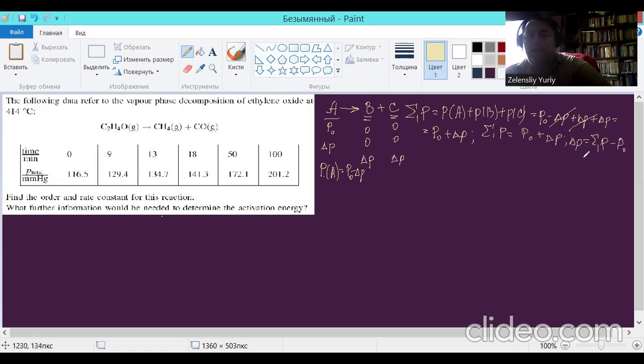Okay, and let's plug this expression here instead of delta P. In other words, we can write that the partial pressure of A at moment t is equal to P0 minus, instead of delta P, we write this expression. If we open the brackets, we will get twice P0 minus sigma P.